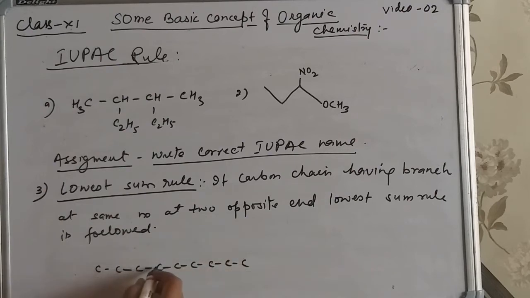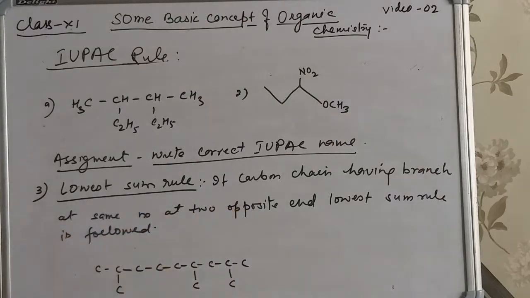One, two, three, 4, 5, 6, 7, 8, 9. One branching here, one here, one here. Suppose three branchings are given. If we count from this side, branching comes at position 2. If we count from this side, branching comes at this position.